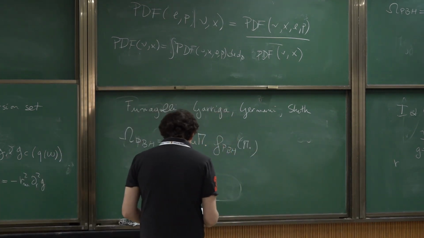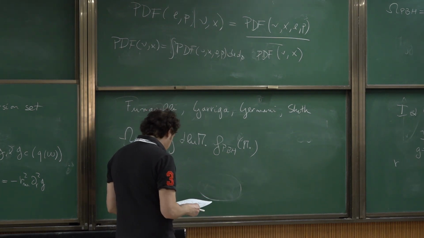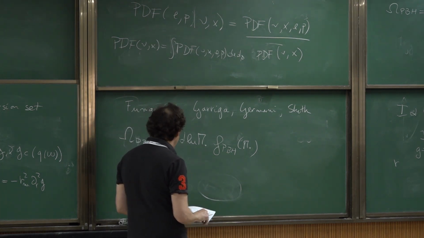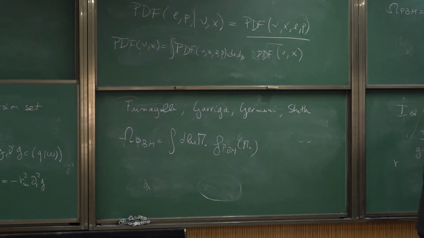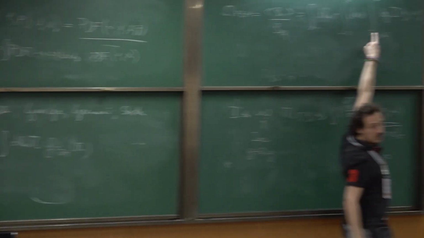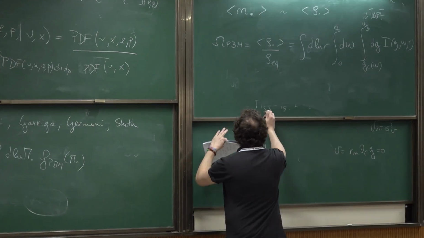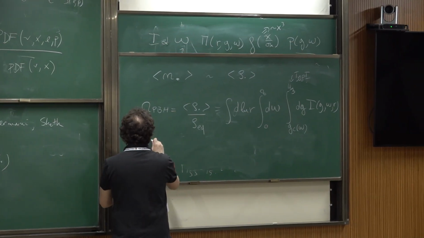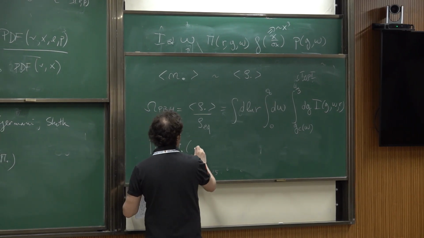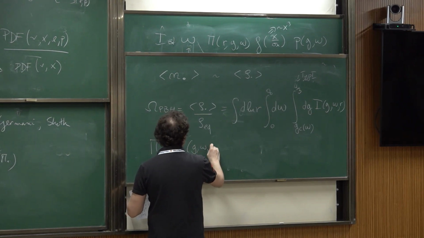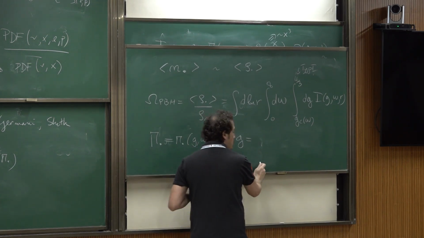You can calculate that, and I will not have time to do it, but the way you do it is basically this. Because here we have an integral in G, what we can do is trade the mass of the black hole, which is a function of G, W, and R, and change coordinates.